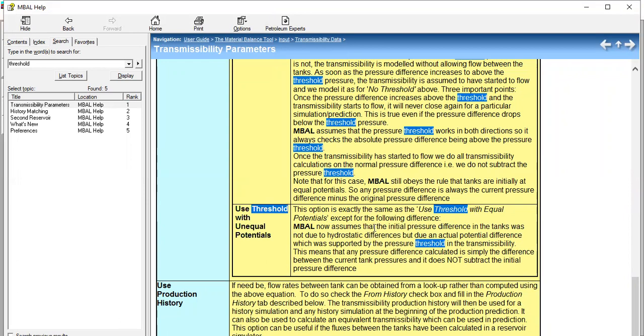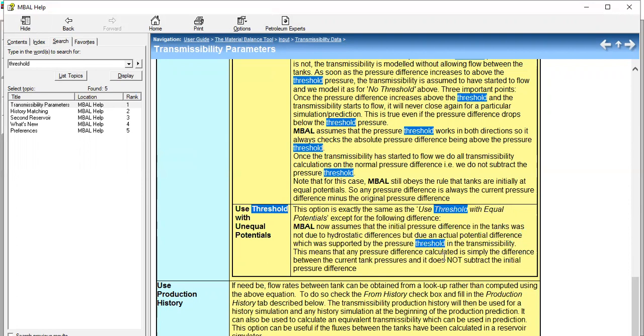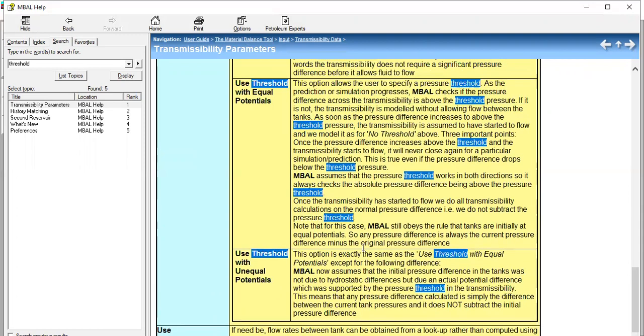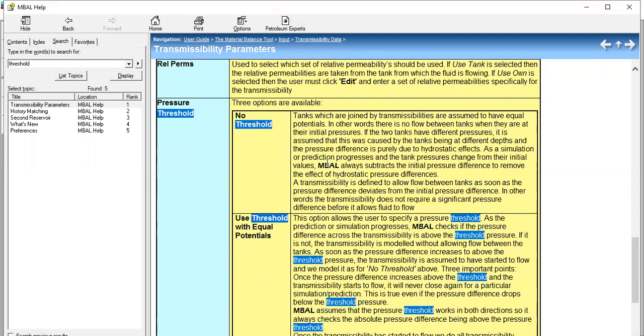MBAL now assumes that the initial pressure difference in the tanks was not due to hydrostatic differences, but due to an actual difference which was supported by the pressure threshold in the transmissibility. This means, and this is very important, that any pressure difference calculated is simply the difference between the current tank pressures, and it does not subtract the initial pressure difference. Okay, and the rest you can read.